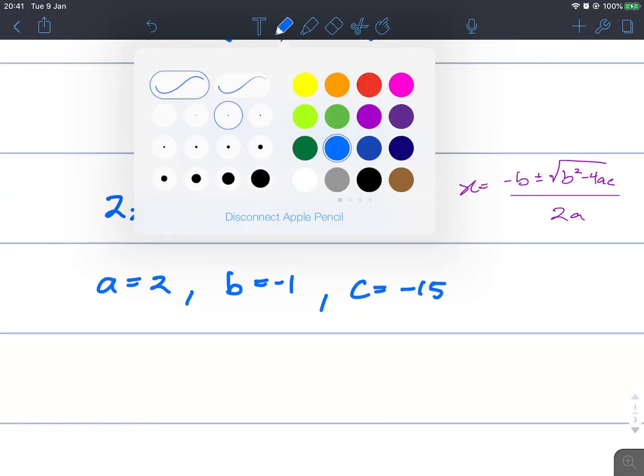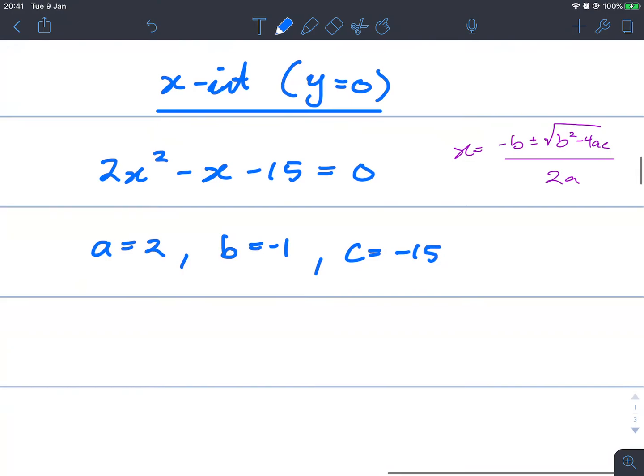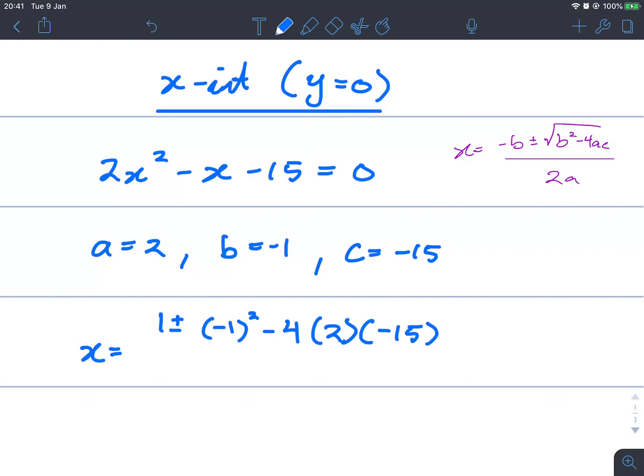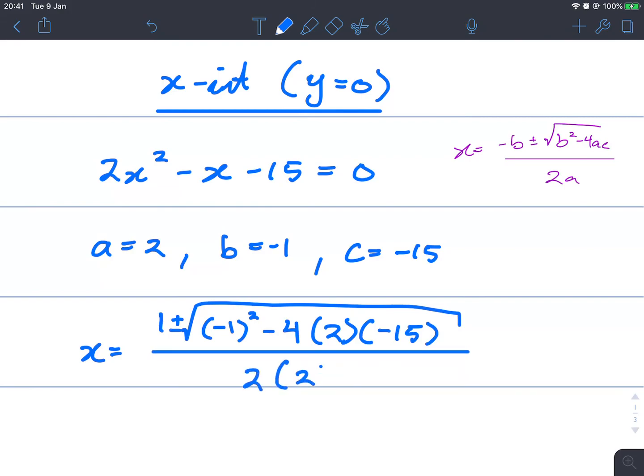Substituting all our values in, we get x is equal to minus b, so minus negative 1, which is 1, plus or minus the square root of b squared, negative 1 squared, minus 4 times a, which is 2, times c, which is negative 15, all over 2a, or 2 times 2.